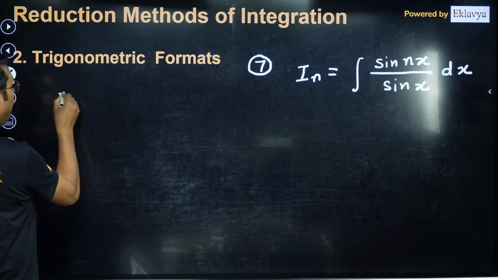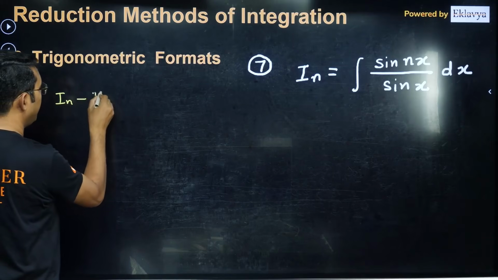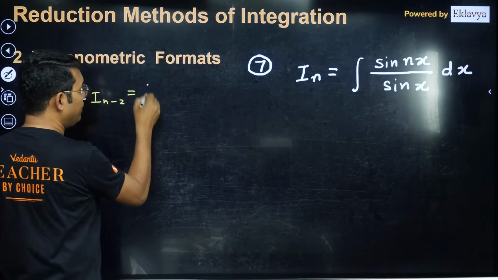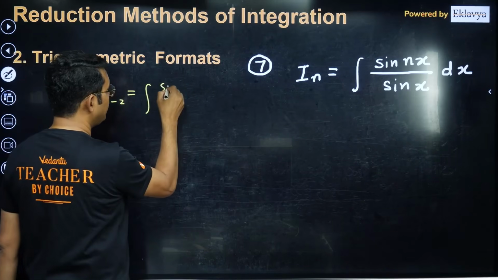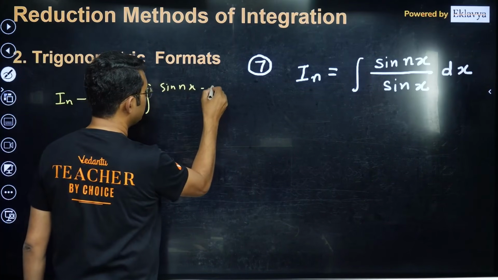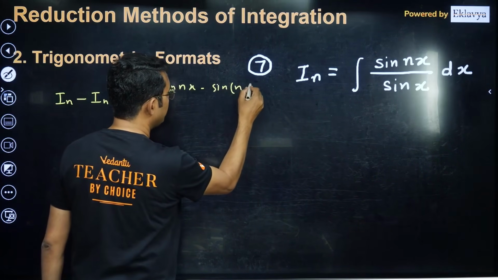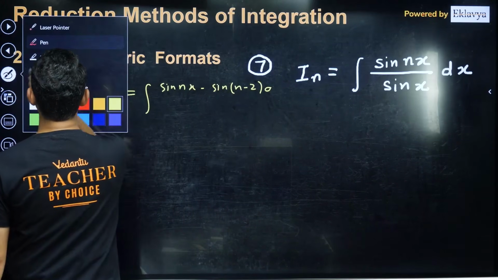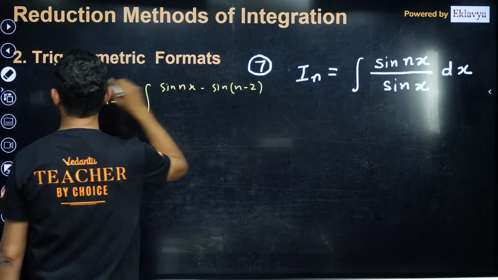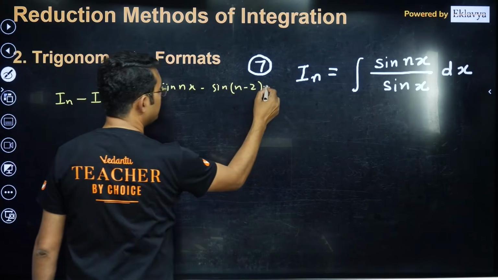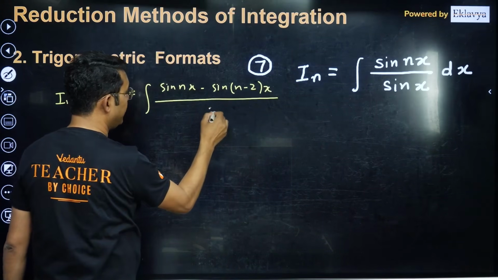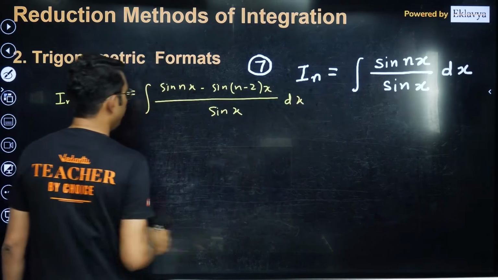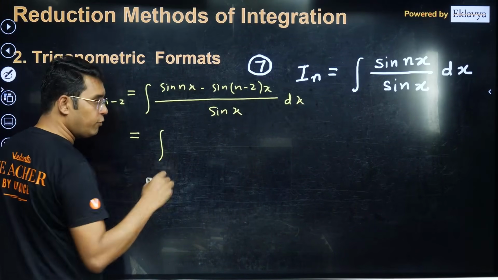You can write it with a difference of 2 here. In this case, it will become sine nx minus sine (n minus 2)x, and in the denominator sine x, because the denominator is the same, it is independent of n. In this case, the sine c minus sine d formula we can apply.